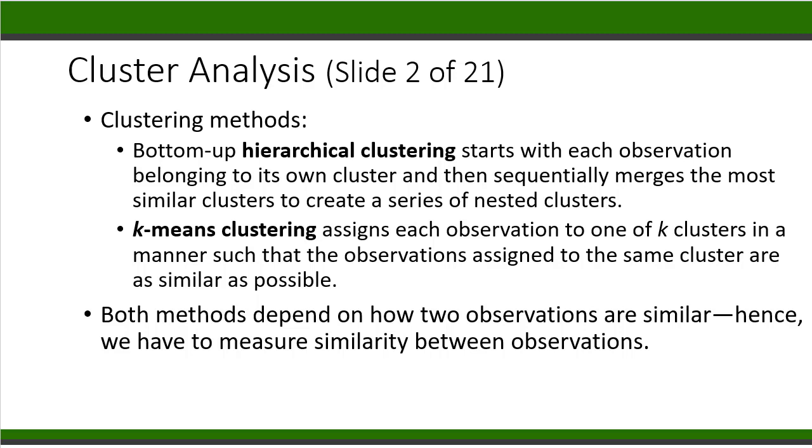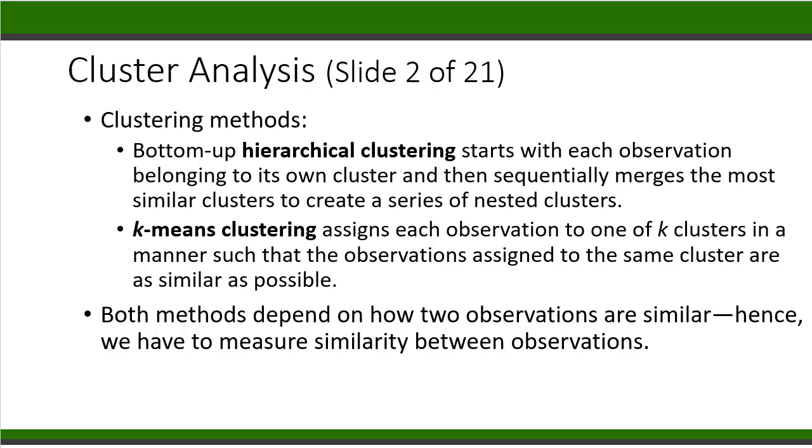We keep grouping them. There's also k-means clustering, and what that means is we assign each observation to one of k clusters. So we might think we have 3 groups here, or 4 groups, and it's done in such a way that the clusters are as similar as possible.